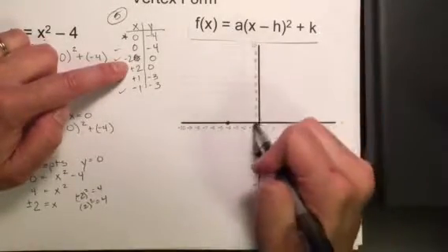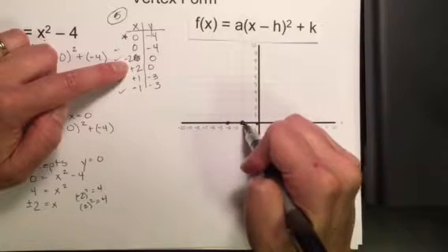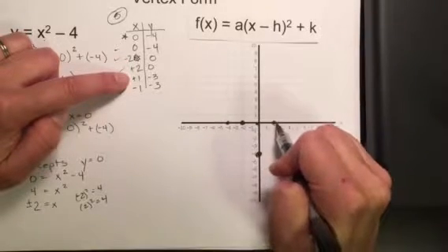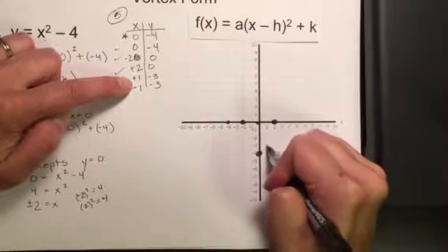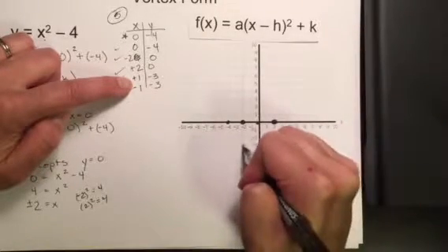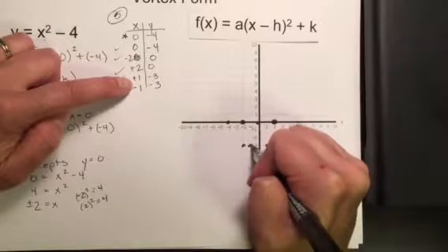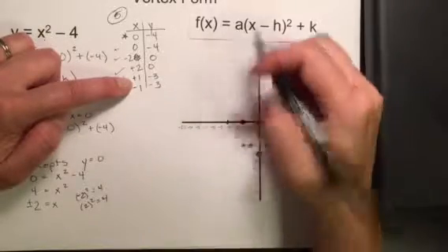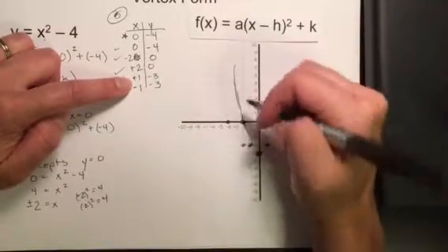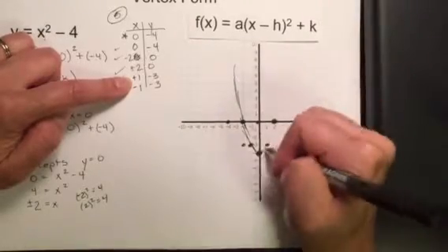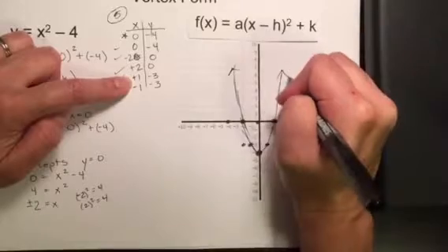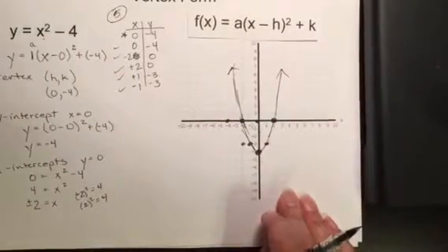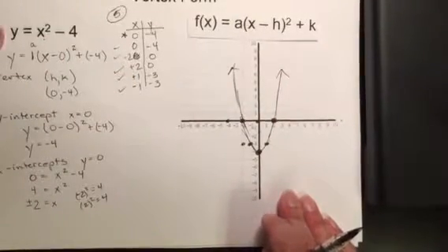So then we've got (-2, 0), so that's this guy, and (+2, 0). And there's that symmetry. And then we've got (-1, -3) and (+1, -3). This is another reason that we should always use pencil. It's just that pencil doesn't show up well on the video. So I've sketched my function.